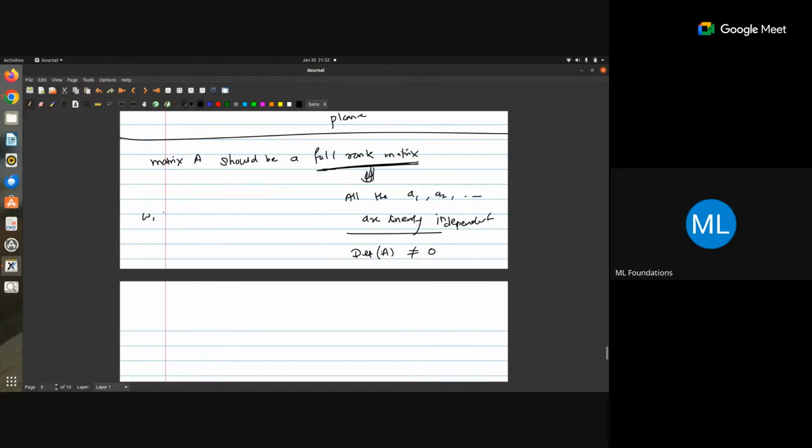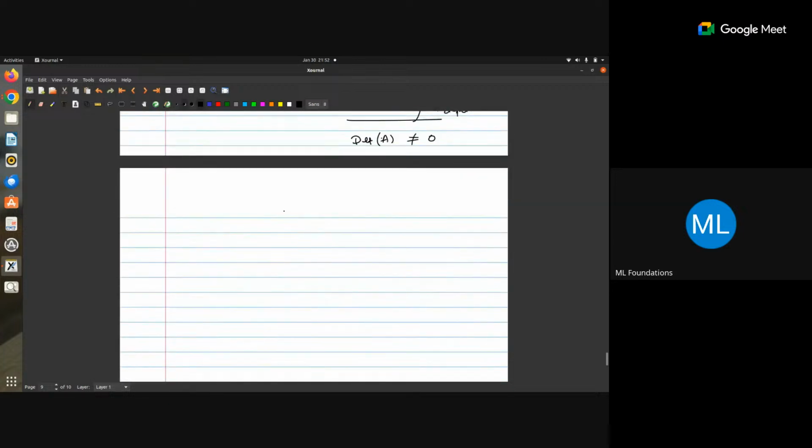In other words, I can say that W1 A1 plus W2 A2 plus W3 A3 should be equal to 0 only for trivial weights. That is the meaning of it. And the other meaning is that determinant of A is not equal to 0.